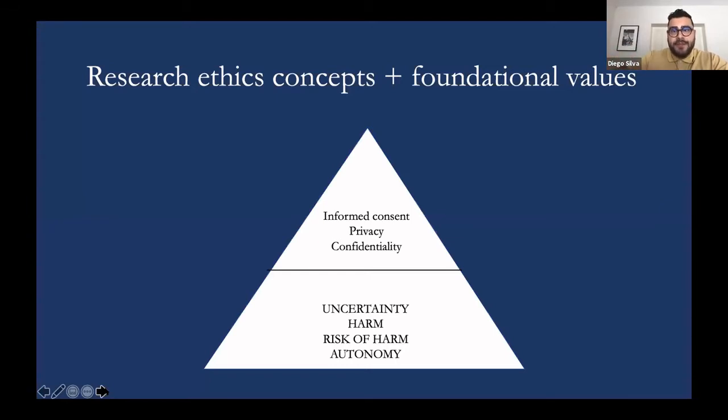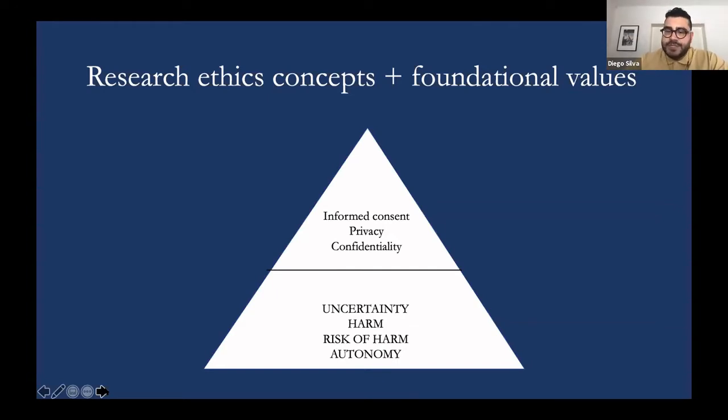But underneath this are the critical values and concepts, okay? And that's what I really want to convey: when we're interested a lot in the forms that we have to fill out, and we're doing the informed consent, privacy, confidentiality, it's important not to forget that there are these foundational values that play in the background.